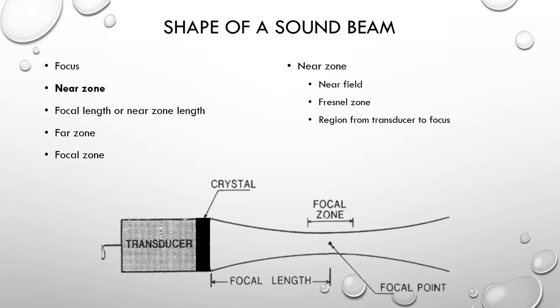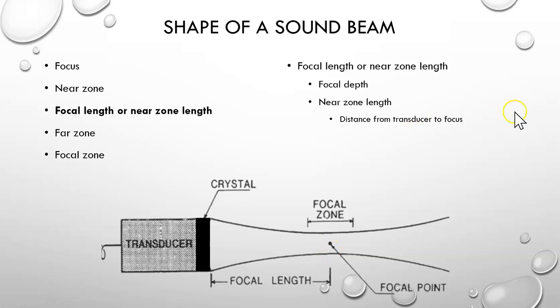These near field effects were discovered by Fresnel, and this is what causes the focus to occur. So there's a narrowing of the beam in the near field. The distance from the crystal to the focus is known as the focal length, or the near zone length, NZL if you will. It is just simply however much distance is required to get to the focus.